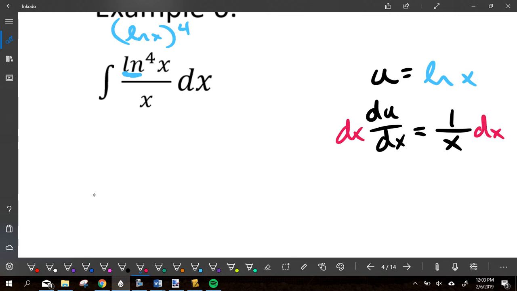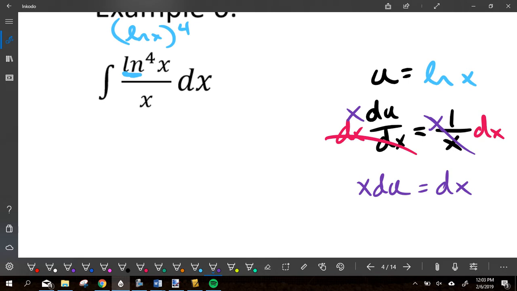Multiply both sides by dx. That goes away. And then what? The x is on bottom, so how do I get rid of it? If it's being divided by x, what's the opposite of that? Multiply both sides by x. So x du is equal to dx. It was 1 over x, so we multiplied it to get rid of it.